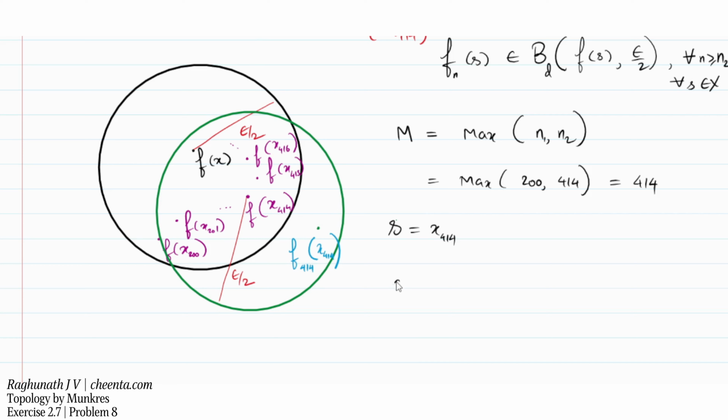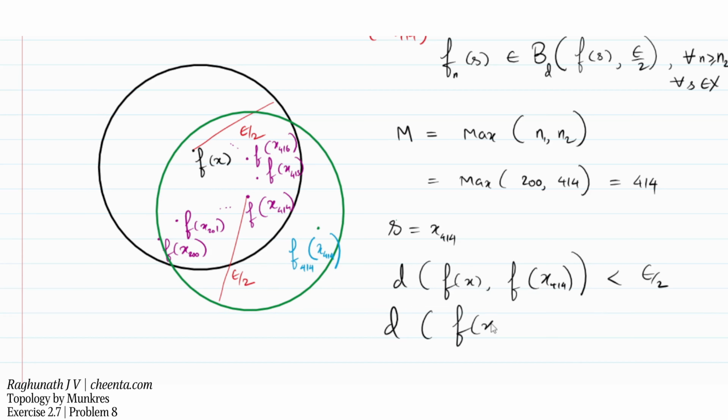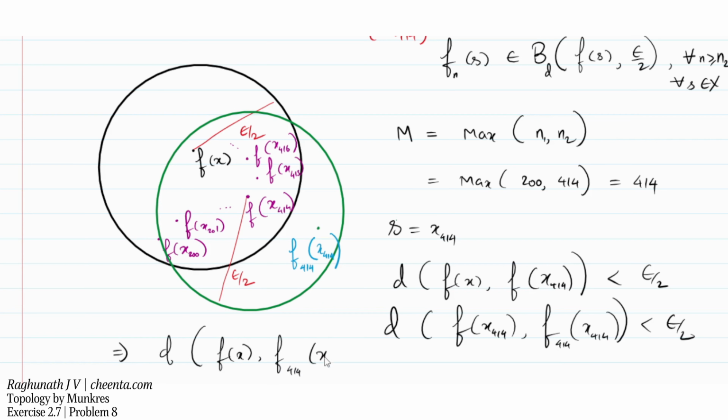Also remember that the distance of f of x comma f of x414 is less than epsilon by 2, and the distance of f of x414 comma f414 of x414 is less than epsilon by 2, because it is also present inside this green ball. So summing up, by the triangle inequality, the distance of f of x and f414 of x414 is less than epsilon by 2 plus epsilon by 2, which is equal to epsilon, right?